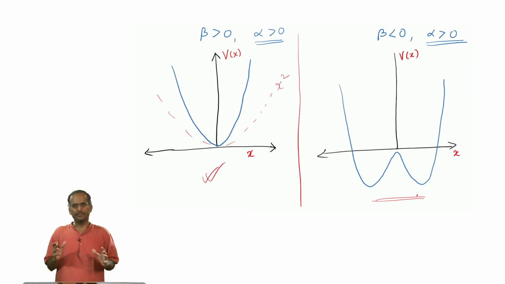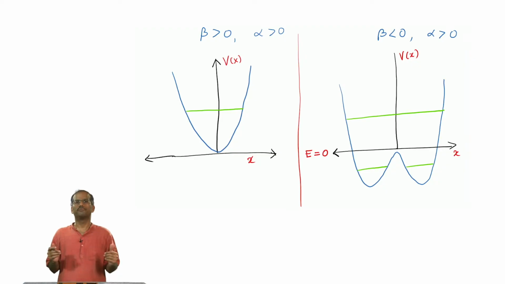Now, like I gave you the analogy of placing a marble in a bowl which has the shape of an oscillator potential, and looking at its dynamics, we saw that it would be an oscillatory dynamics. We can do the same thing with this. Now that we realize what the potential is, it is easier to figure out the dynamics without doing calculations.